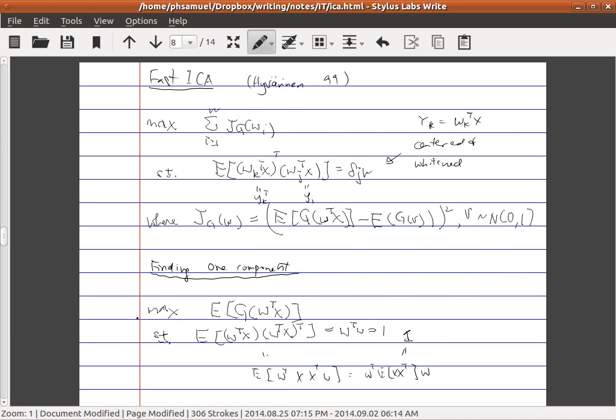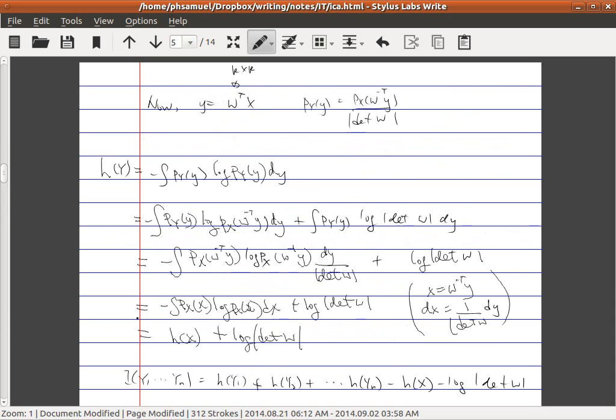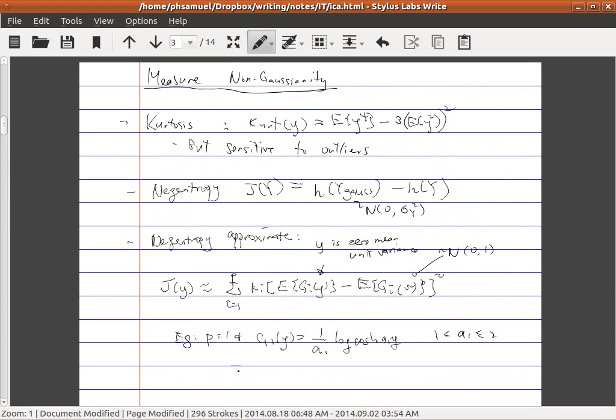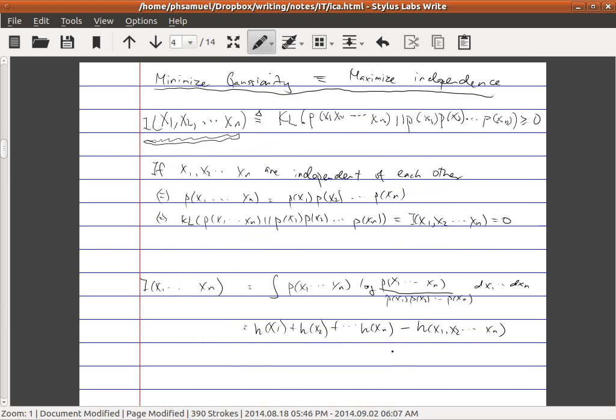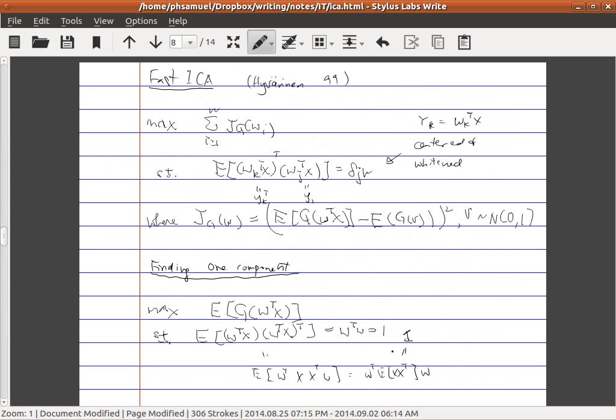The g function is, as we said, one option here is to take the g function as this one here. And let's say if we just want to find one component at the moment, then instead of trying to maximize the sum of negentropies, we'll just maximize one negentropy obtained by just one component here, one w here.